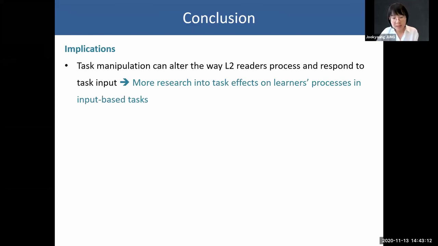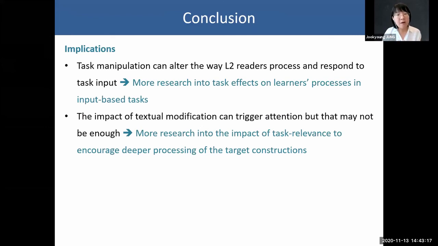I am indeed designing more studies along this line. Then, textual modification can trigger attention, but it may not be enough, and more research into the impact of task relevance to encourage deeper processing of the target constructions is needed. So again, I think research into the combined impact of task manipulation and textual modification in the form of glossing or input enhancement will be very informative and insightful.